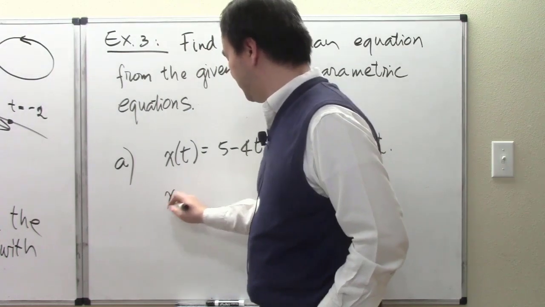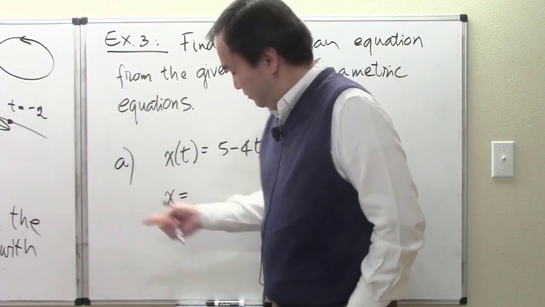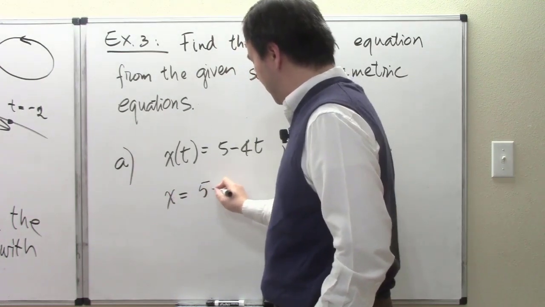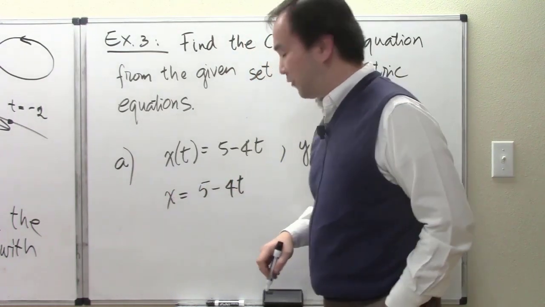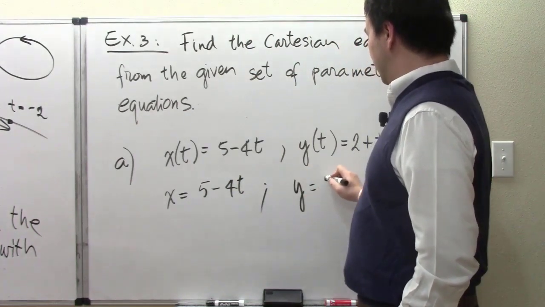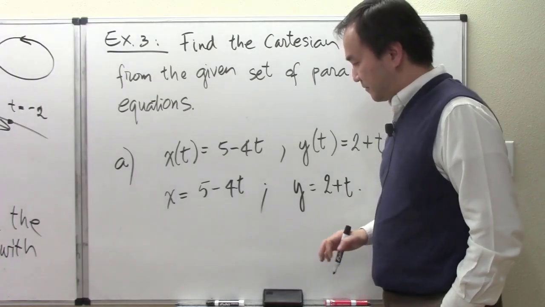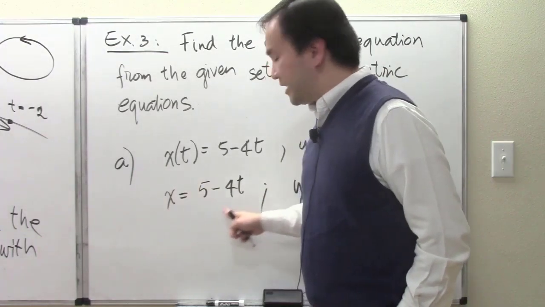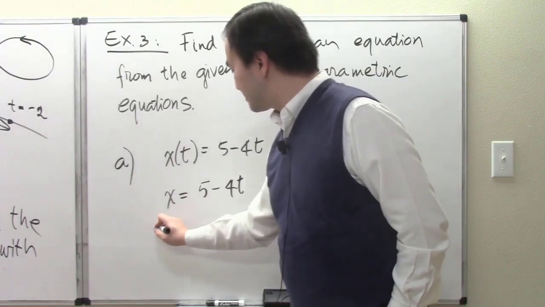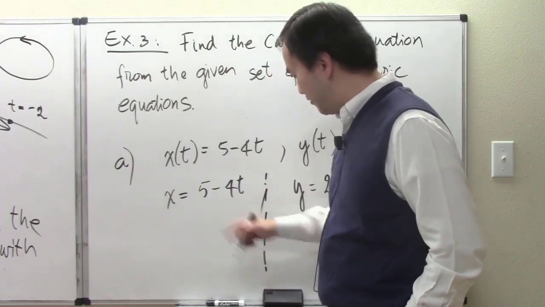It's just x as a variable. So x equals 5 minus 4t, and at the same time y equals 2 plus t. Basically we have two separate equations for now.